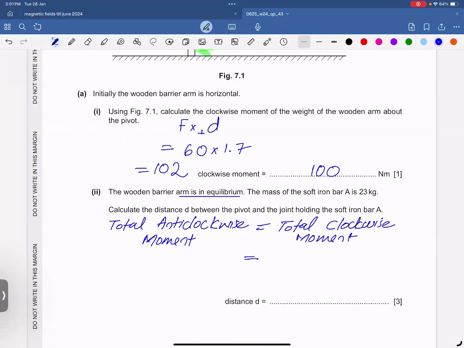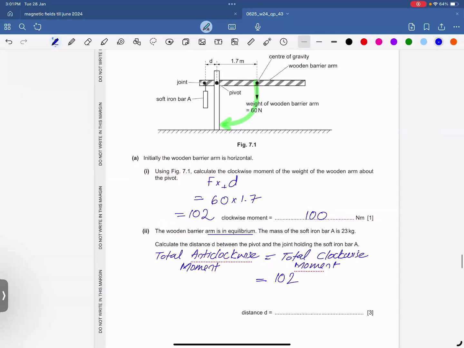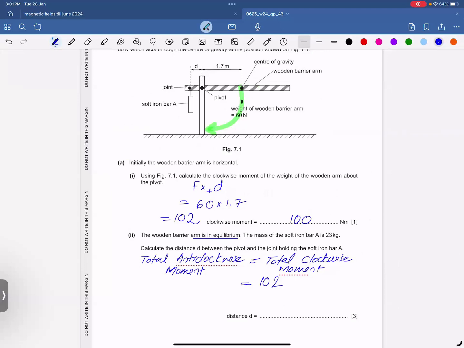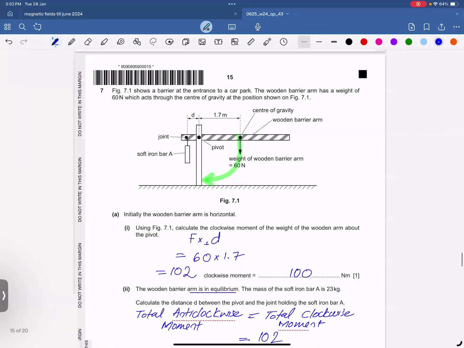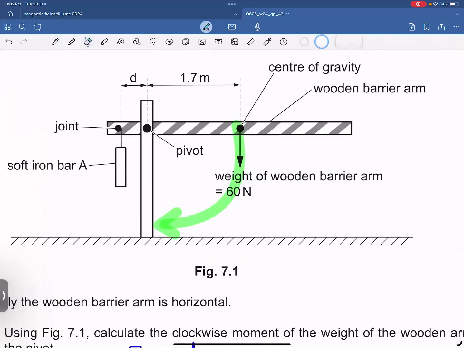The total clockwise I already found, which is 102, the exact answer. Now anticlockwise, let's go back to the question. The mass of the soft iron bar is 23 kilograms. You need to consider that. I'm using a different color to indicate the anticlockwise this way.